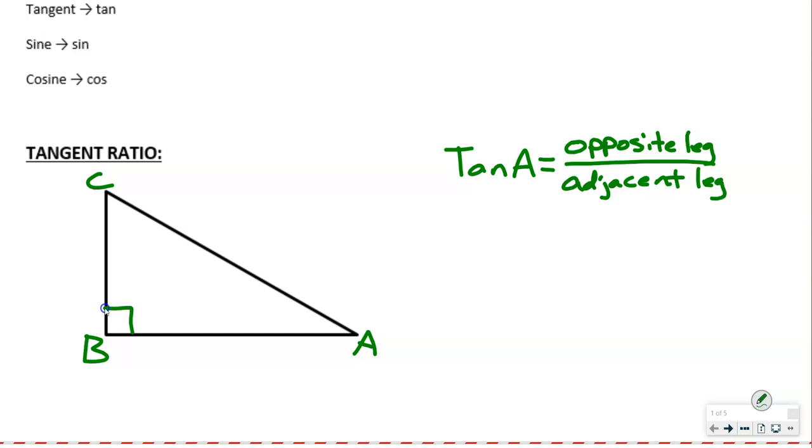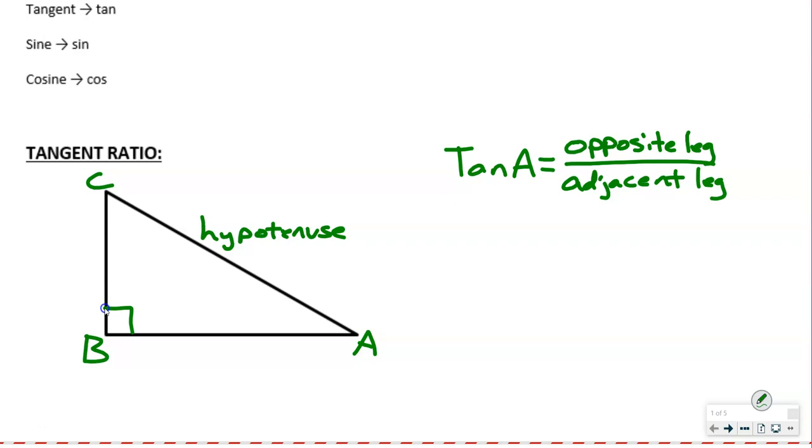Now what I mean by opposite over adjacent is, if we look at our right triangle, let's identify what sides we have. So opposite our right angle is always the hypotenuse. But then we have opposite leg and adjacent leg.